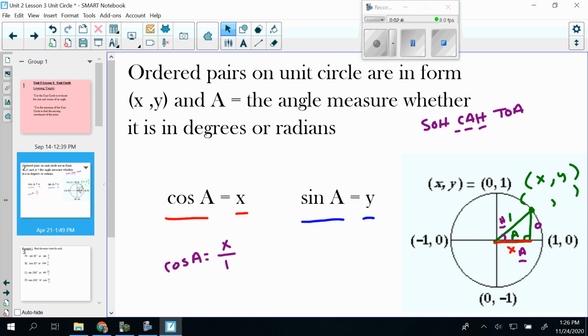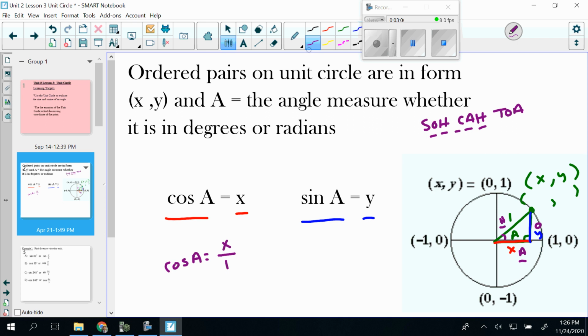All right. Similarly, if I look at sine of that angle, sine uses the opposite and hypotenuse. So if I look at the opposite and hypotenuse on here, the opposite side would be my up and down y value, and my hypotenuse again is 1.